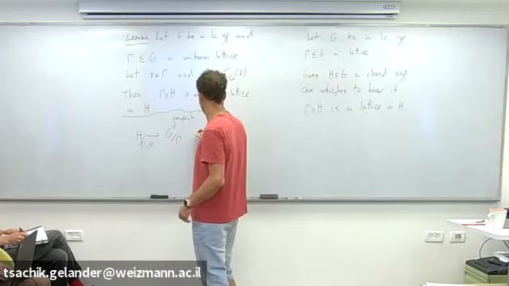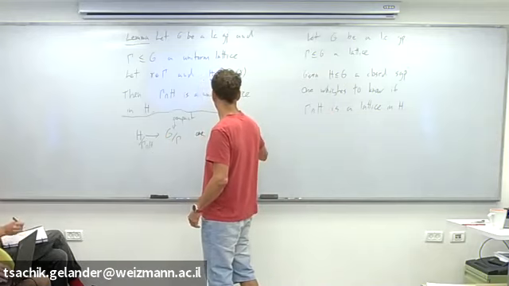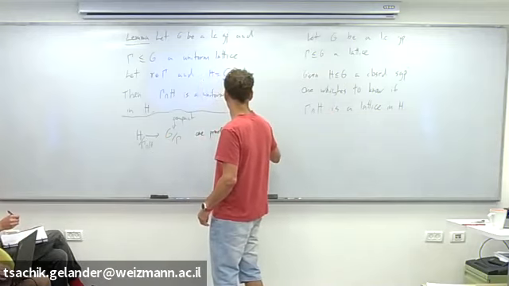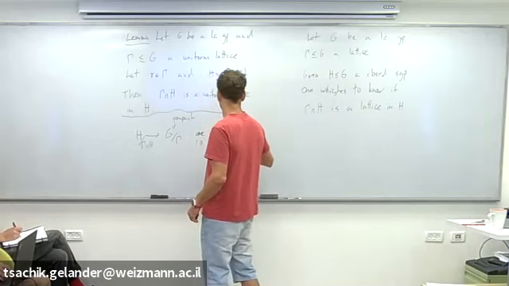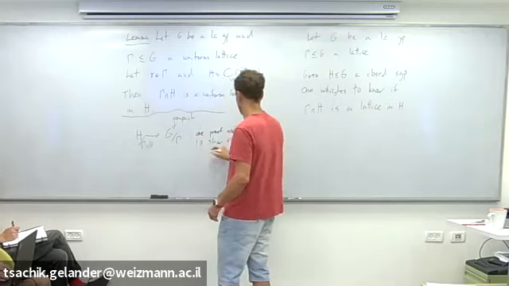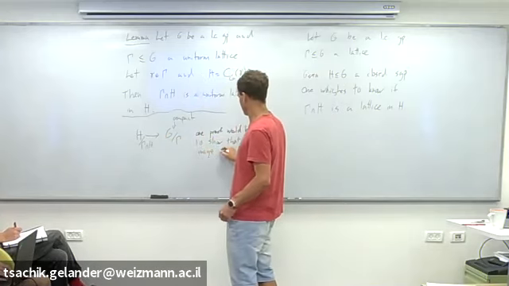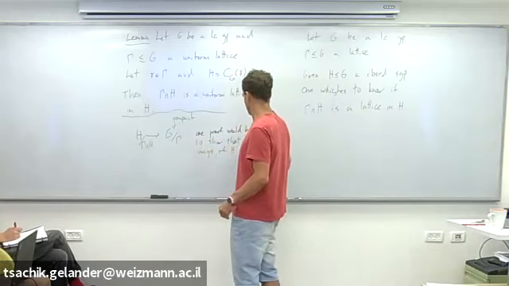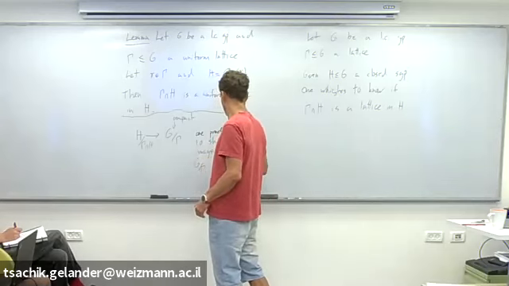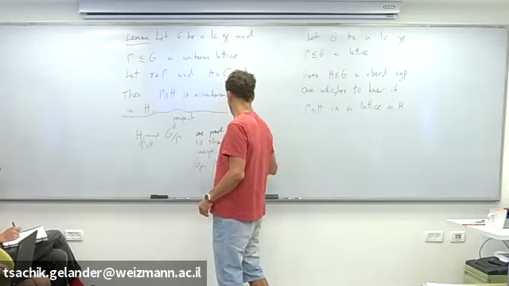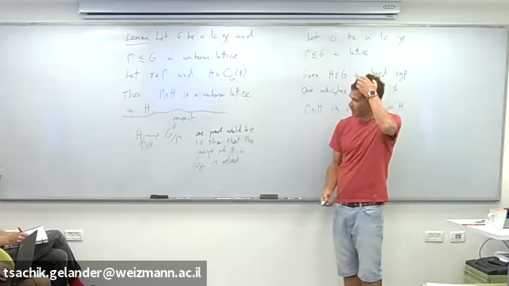So one proof would be to show that the image of H in G mod gamma is closed. This would be one idea of the proof.